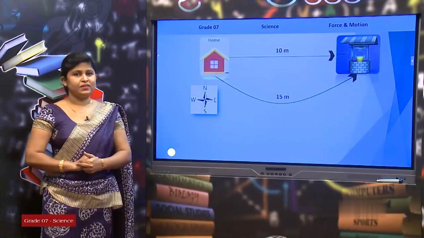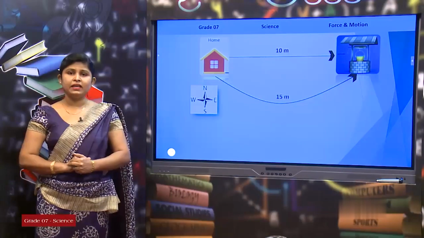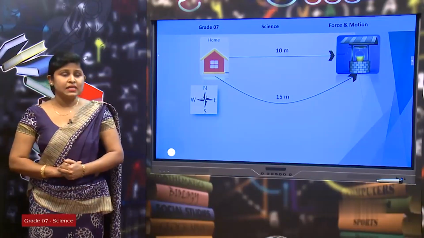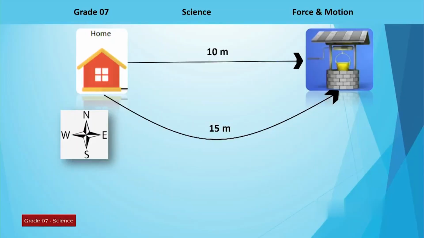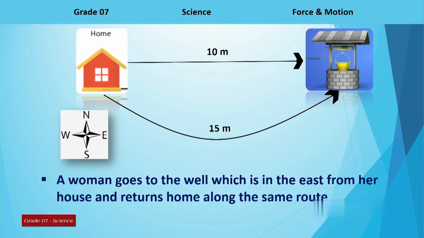Example number 2. Now you can see the second example. There is a house and a well nearby the house. The woman goes to the well to fetch water and she returns home along the same route. You can understand that the straight distance between the house and the well is 10 meters.